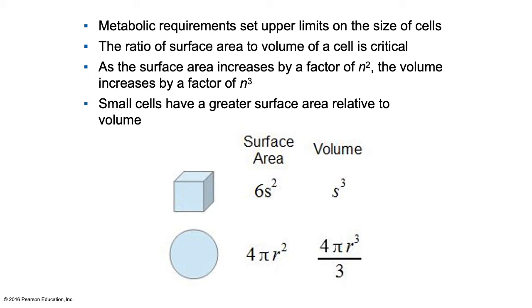So, if I started with a radius or a side of 1, when I get a radius or a side of 2, the surface area is going to go up by 2 squared, which is 4 times, and the volume is going to go up by 2 cubed, which is 8 times.